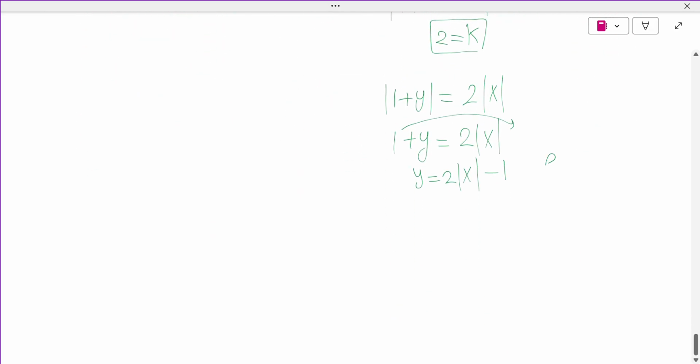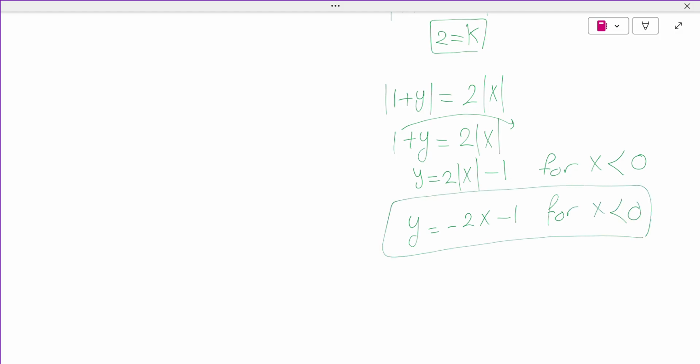So this is for x less than 0, right? For x less than 0, this can be written as y equals minus 2x minus 1, again for x less than 0. Okay, this is the answer of part B. This is the particular solution over here. That's it. Wish you all the best.